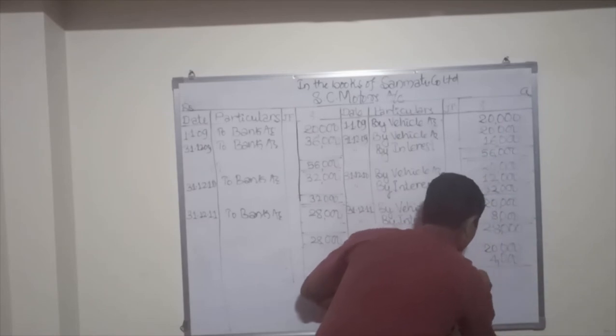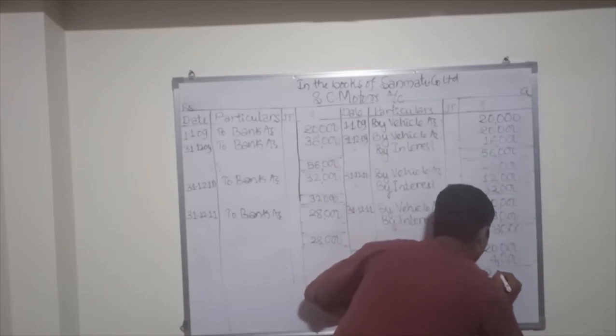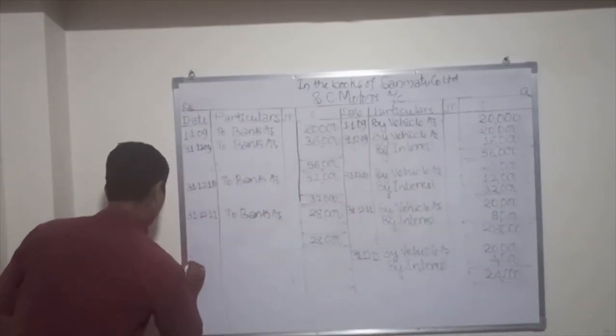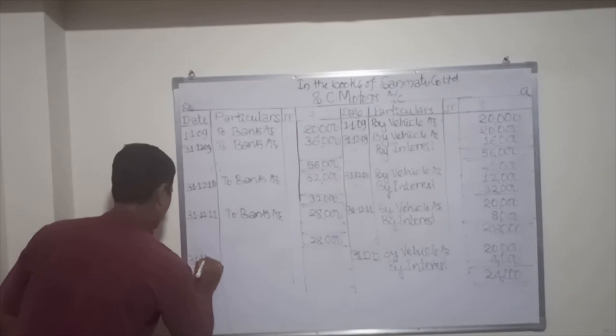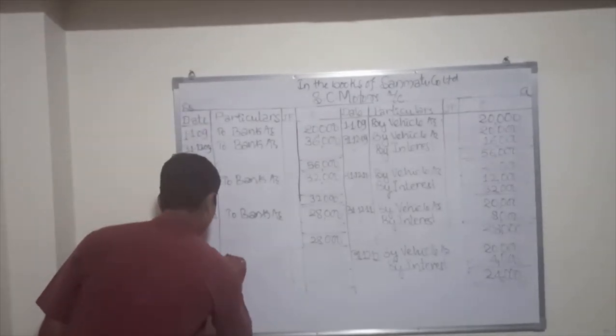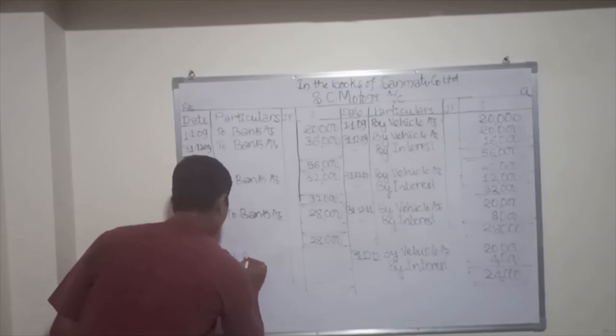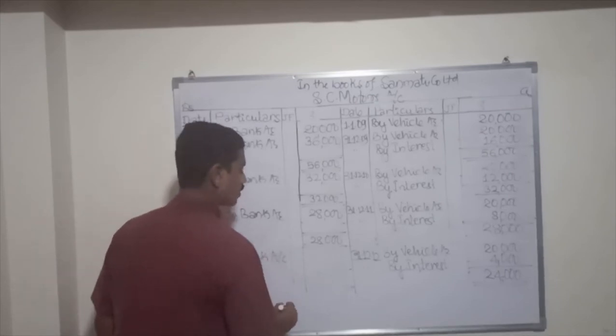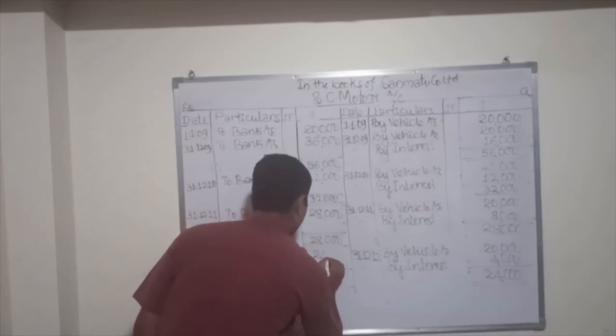So it is 24,000. On 31/12/2012, when the final installment is paid, SC Motors account debit to bank account 24,000.